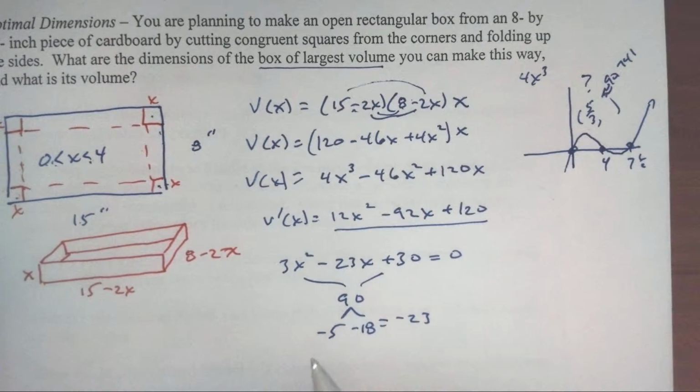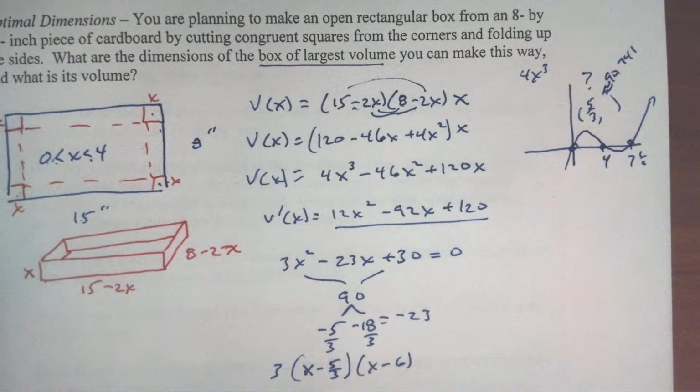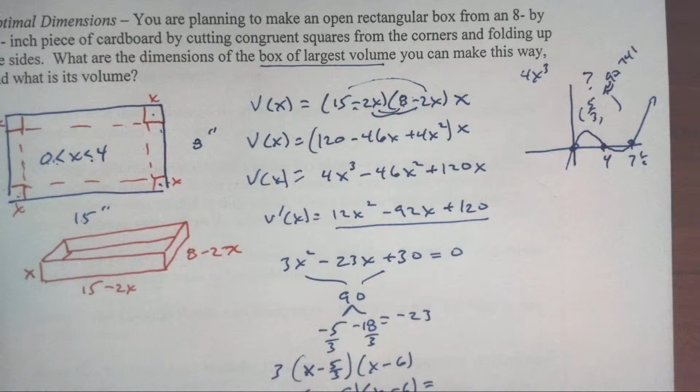So I've got factors, start with x minus 5/3 times x minus 6, but to get a 3x squared I need to multiply by 3, distribute it through, I get 3x minus 5 times x minus 6 equals 0.